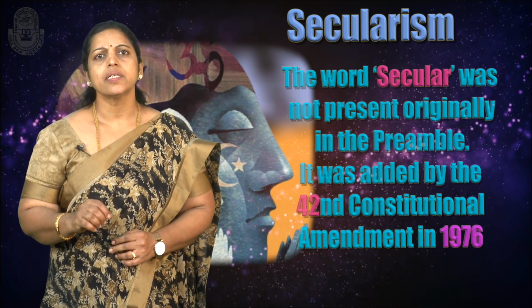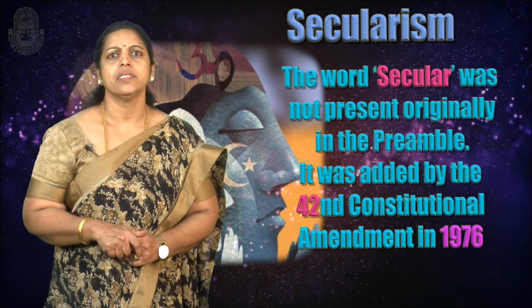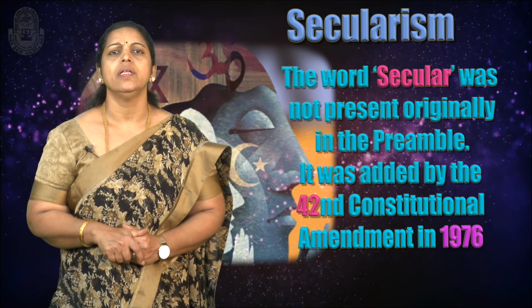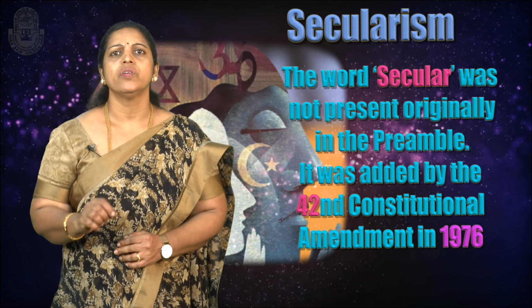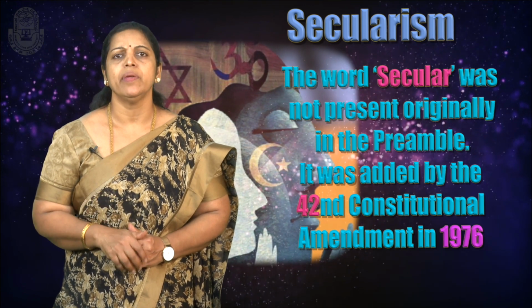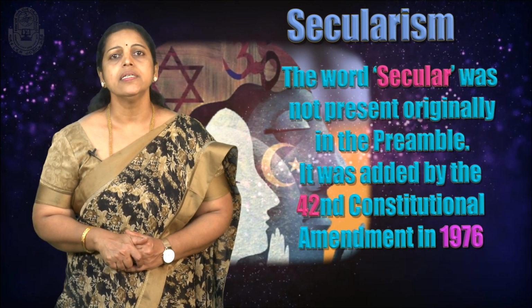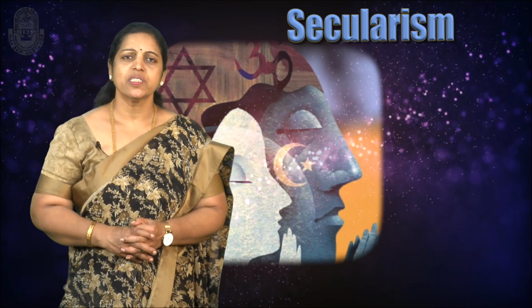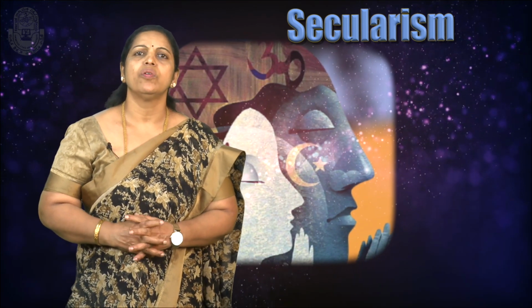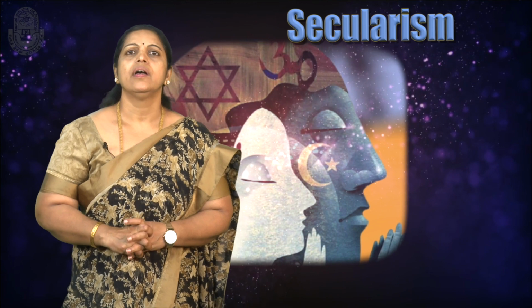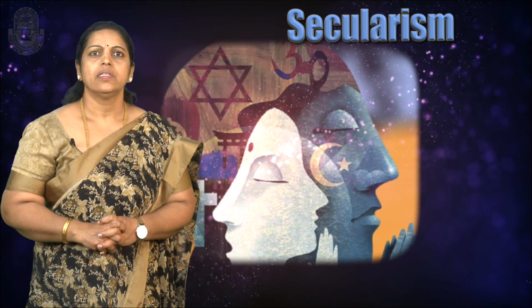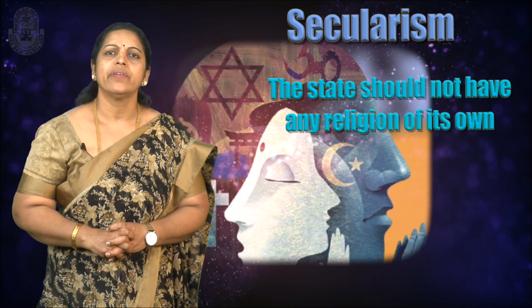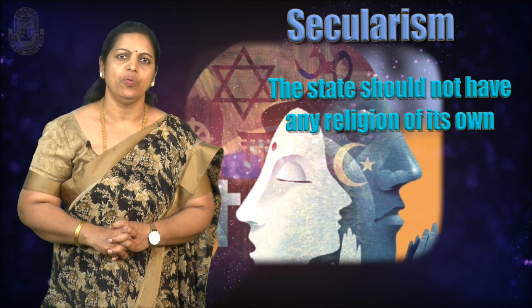The word secular was not present originally in the preamble. It was added by the 42nd Constitutional Amendment Act in 1976. From the above discussion, you can know the following are the features of Indian secularism. The state should not have any religion of its own.